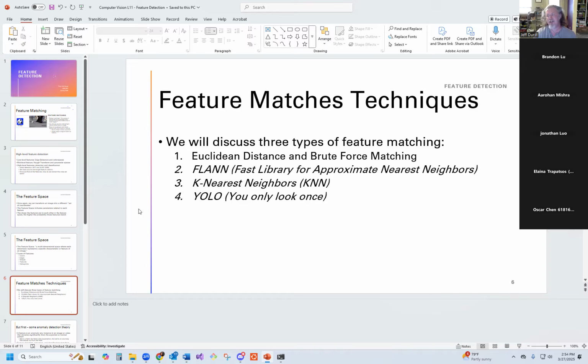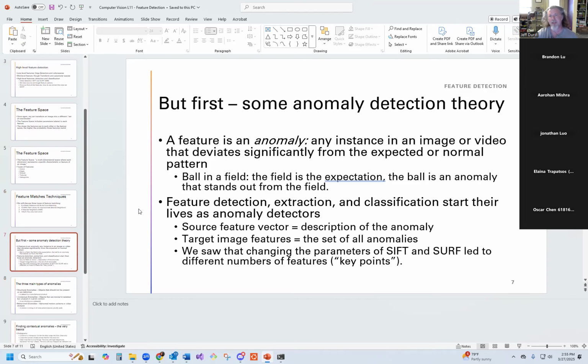Before we get to the idea of feature matching and feature extraction, we're going to talk a little bit about anomaly detection and what the theory behind it is. So an anomaly is essentially anything that does not match all of the things around it, right?